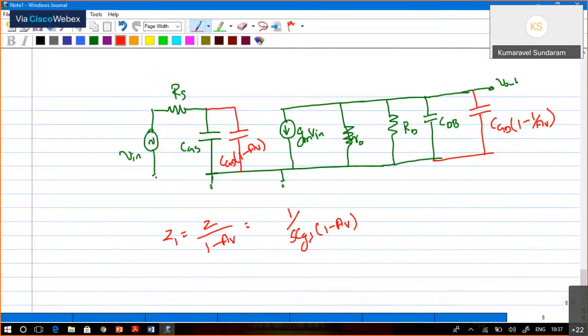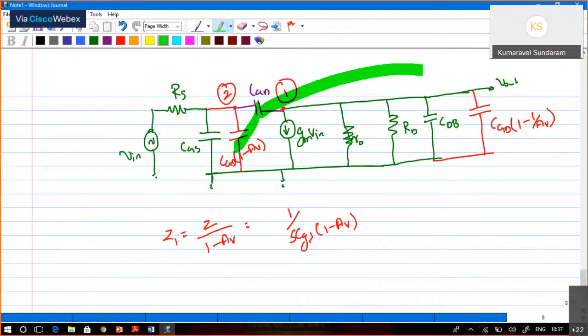So this is going to be the capacitance that is going to be associated with 2, 1, right? Already this CGD was there. This has been flipped like this. So now we have this.